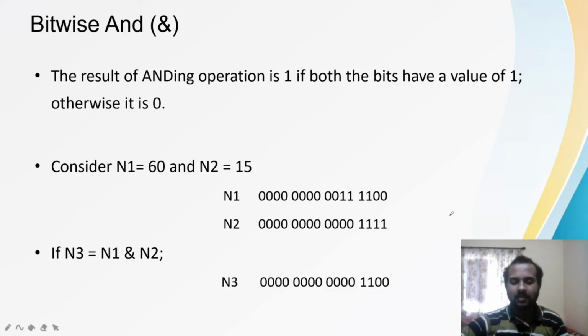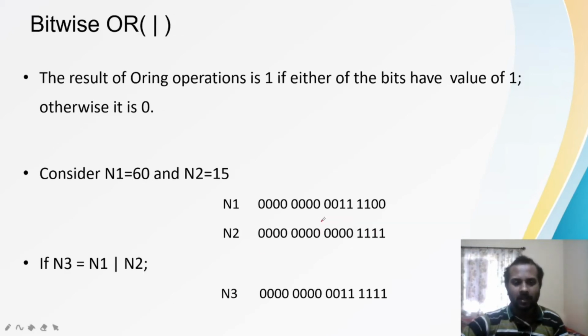So N3 is equal to N1 and N2. When both the inputs are 1, then only your output will be 1, and the rest of the bits are 0 because the other inputs are 0.